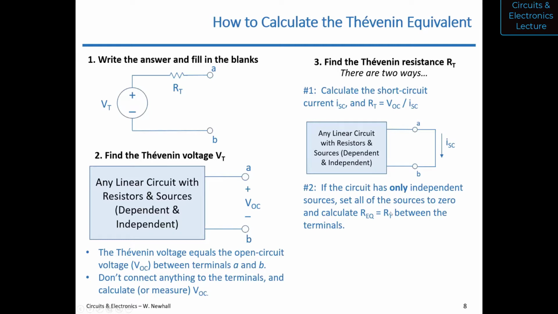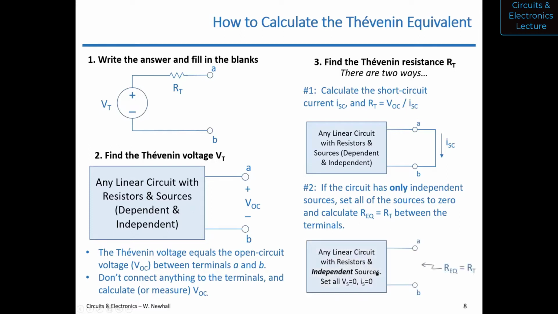But if you have a circuit with only independent sources, then you set all of the source values, voltages and currents, to 0 volts, 0 amps. And then you calculate the equivalent resistance between the terminals. So I'll show you an example of this in a minute.